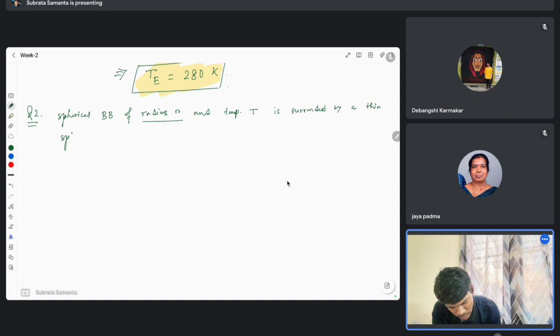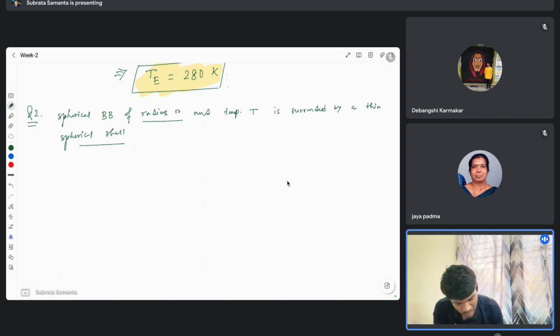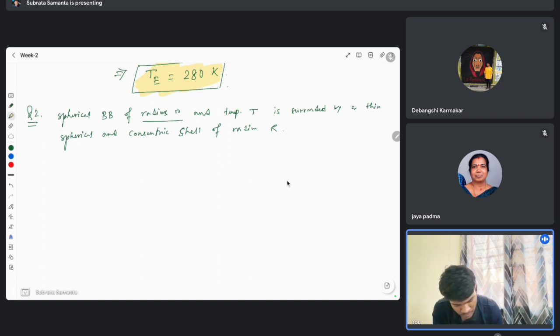Okay, so a thin spherical and concentric shell of radius capital R. So one is smaller, another is capital R, which is greater than the smaller radius.